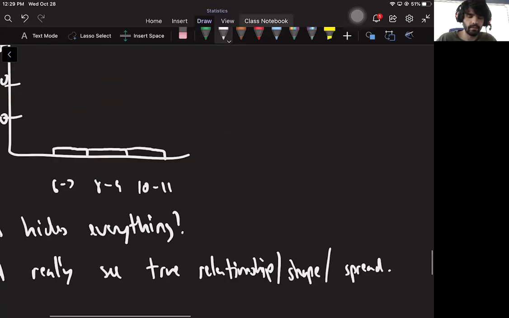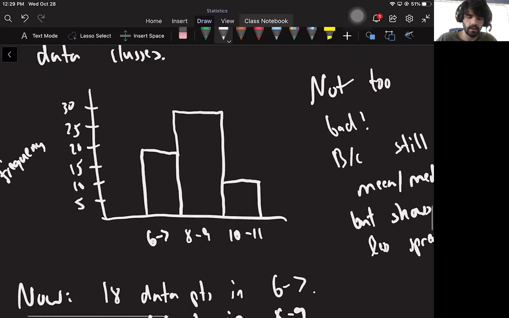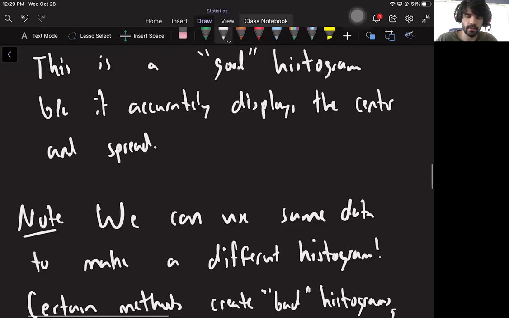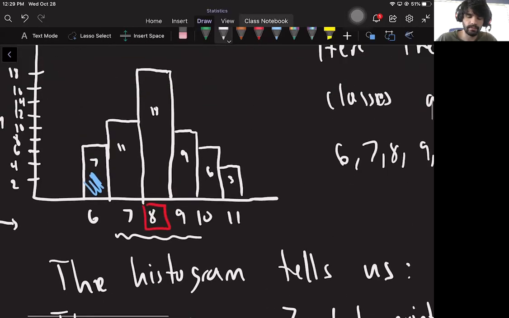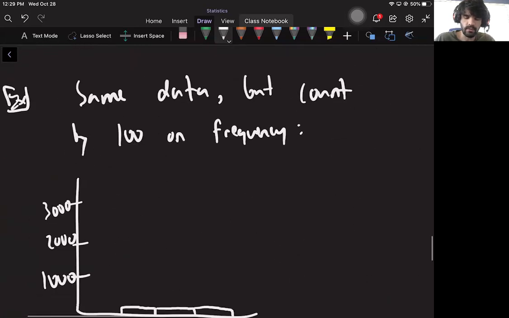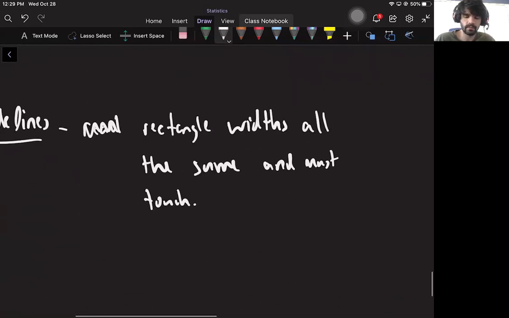The fact that this is including 2 numbers, this is also including 2 numbers, this is also including 2 numbers, doesn't affect the actual width of these rectangles. They should all be the same no matter what. If you can draw very well, then they'll look exactly the same. Same thing up here. This one I accidentally made look skinnier in the middle there, but they're all supposed to be the same exact width. It's not dependent on anything. Okay, that one is more of a rule than a guideline, actually.